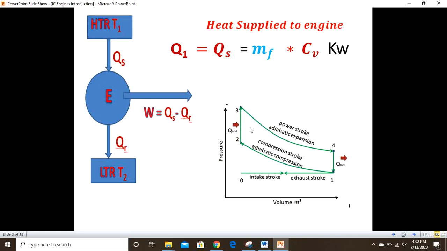The thermodynamic fluid then expands, and then the amount of heat energy is rejected from the system, and after the rejection it is exhausted. While exhausting, the piston moves from the bottom dead center to the top dead center. Therefore, this is the exhaust stroke.